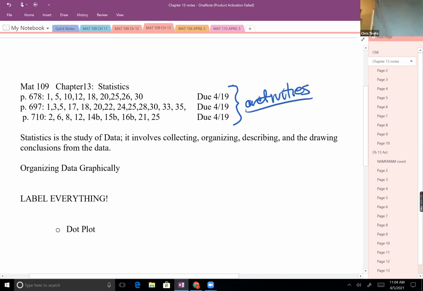Let me just real quick grab my stack of activities. They're activity 1, activity 2, activity 3, activity 5.